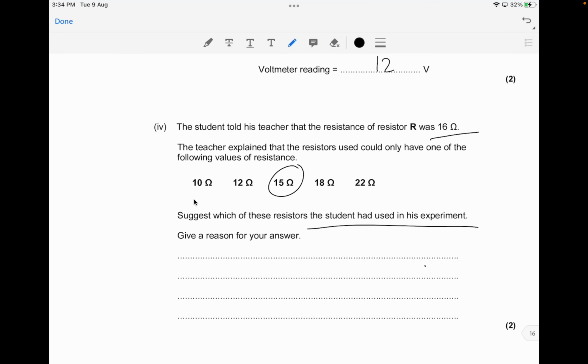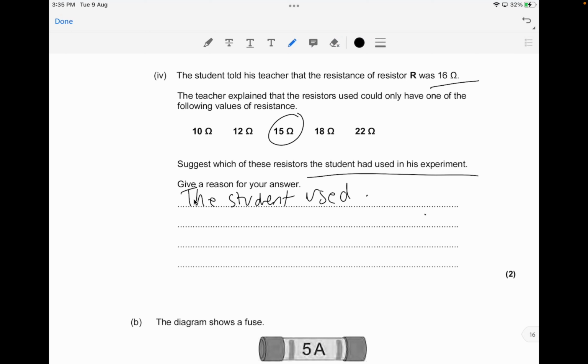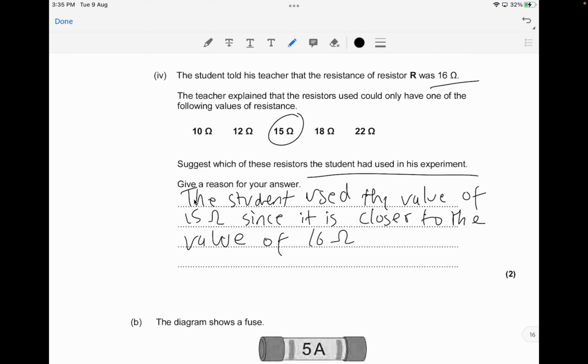I'm going to use the same reason again: the student used the value of 15 ohms since it was closer to the value of 16 ohms. That's going to be our answer for about 2 marks. That's the most, because 15 is pretty close to 16 itself.